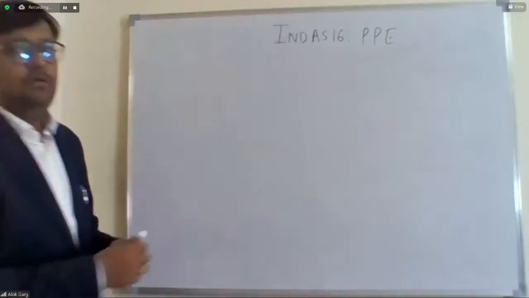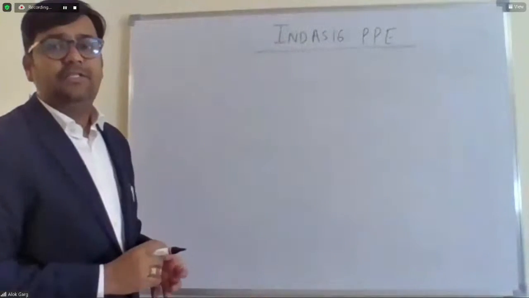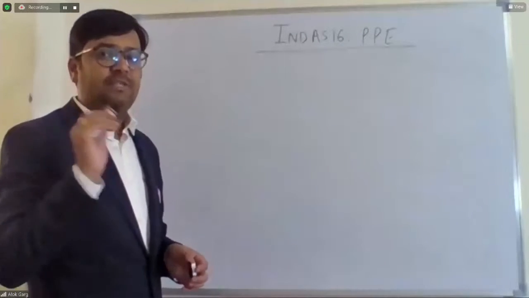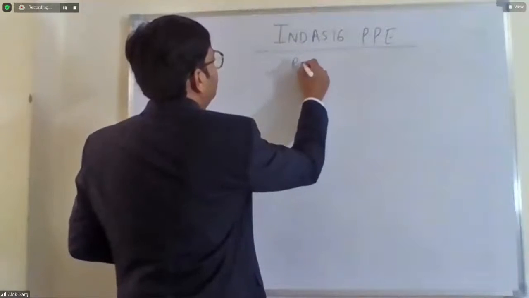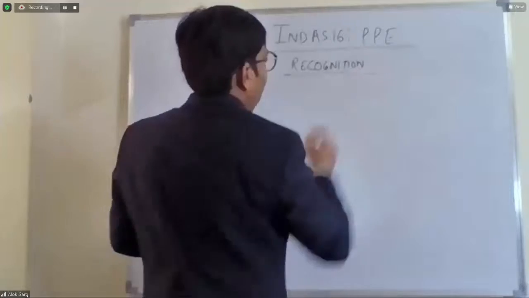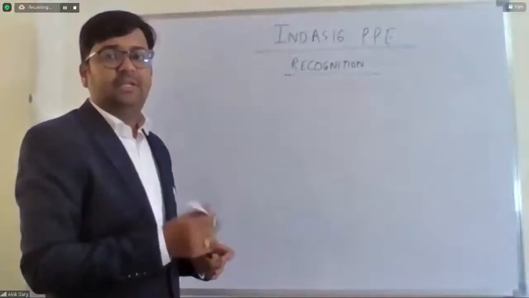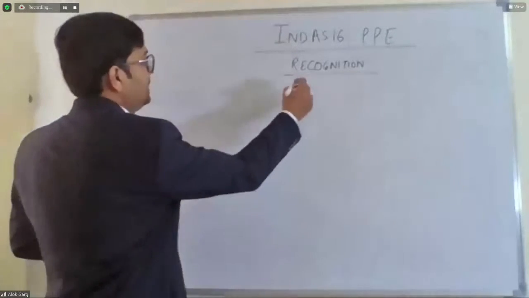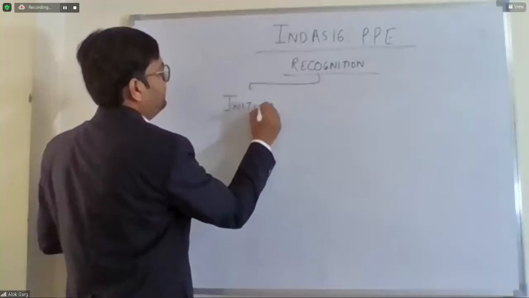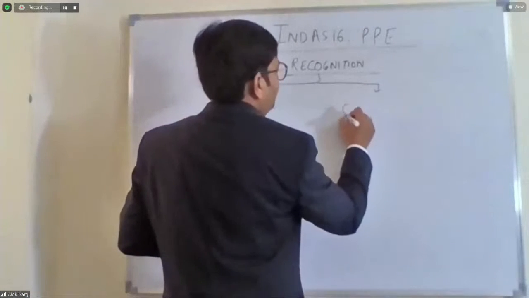Great. Now remember when we were talking about recognition of PPE, we have talked about two concepts: initial cost and subsequent cost. We understood the recognition criteria, but when we talk about recognition, we are talking about two items. One is recognition of initial cost, the other is recognition of subsequent cost.